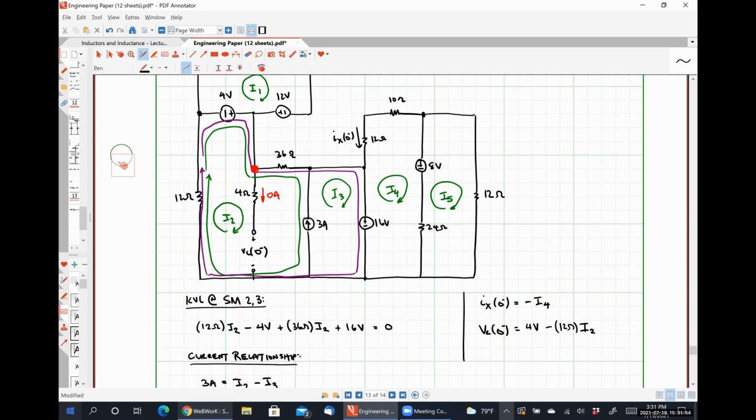I'm saying it's the 4 volt drop plus this voltage V12, where I know that I2 is flowing into the negative polarity terminal, which is where that negative sign comes from. I could just as easily say that it is going to be 36 ohms times I2 plus 16 volts. Either way is going to give me the exact same answer.